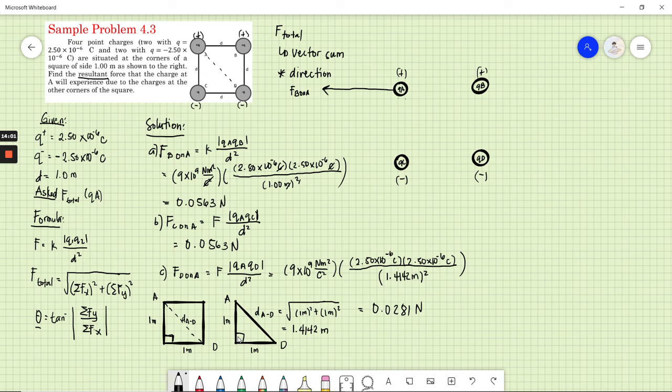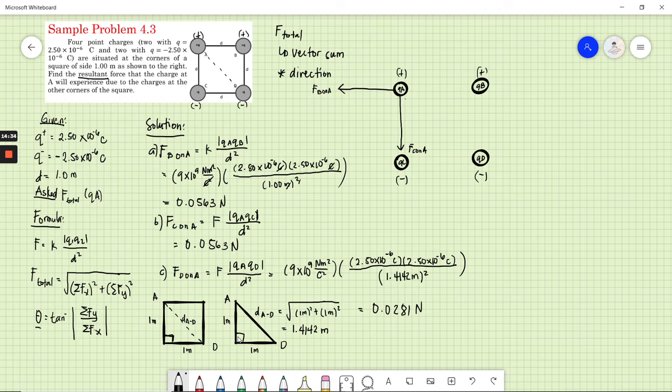So QC would want to pull QA towards itself. Let's shorten this a little bit because they should be the same. And this is our FC on A, the direction of the force QC exerts on QA.